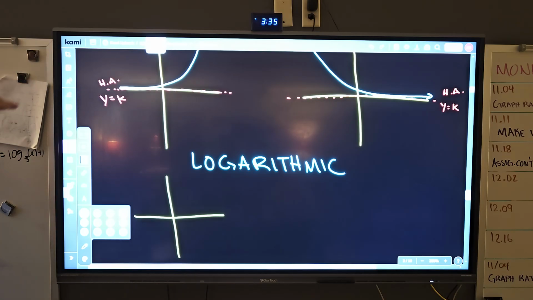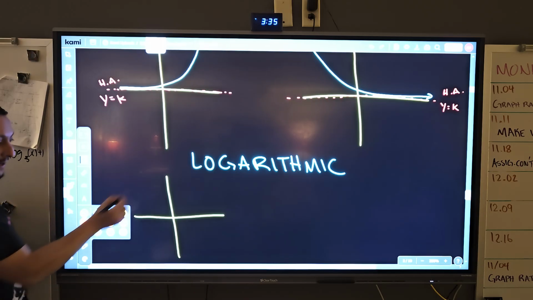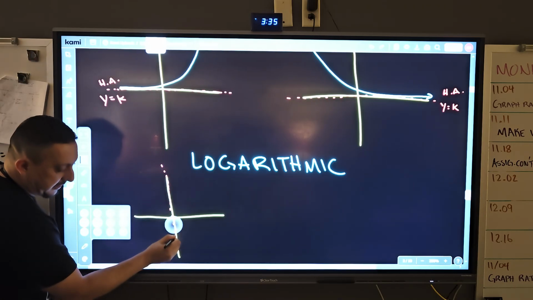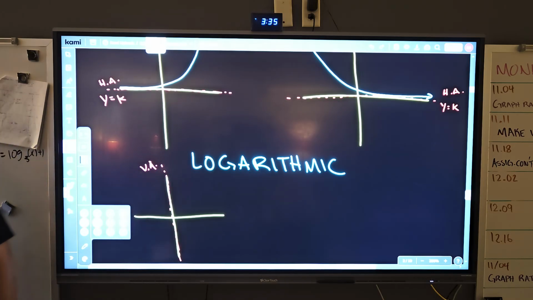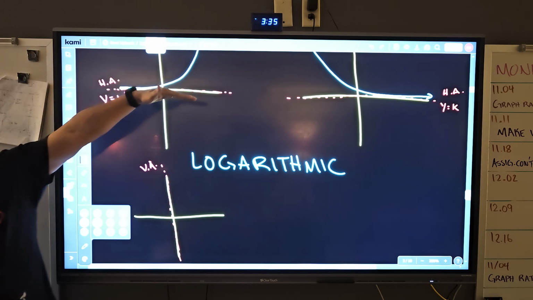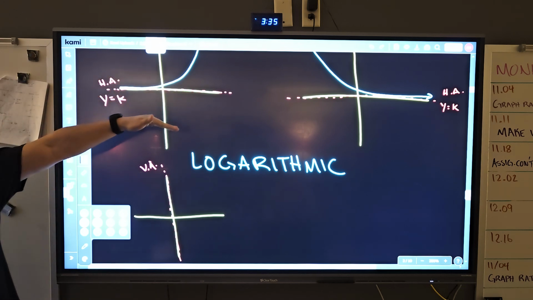So instead of having an HA, it's the opposite. It's going to have a VA. And so this is a y equals k because it touches the y-axis, right? Like if you move it down, it only touches the y-axis.